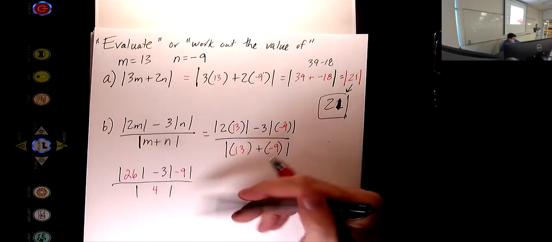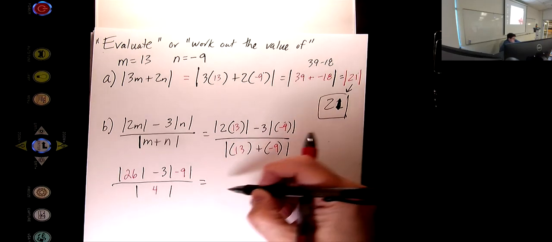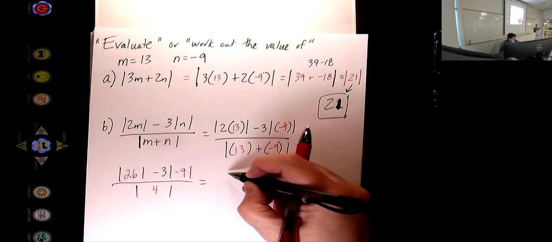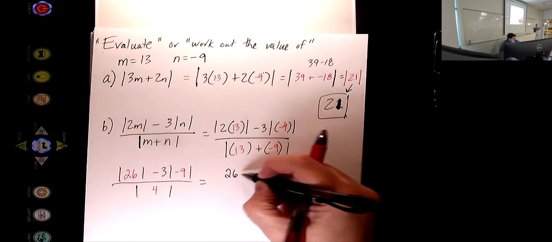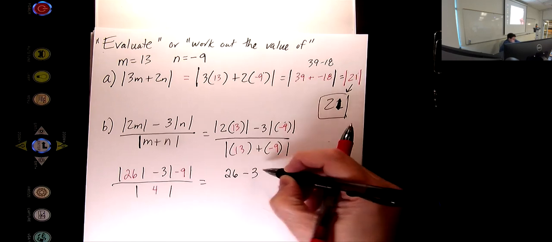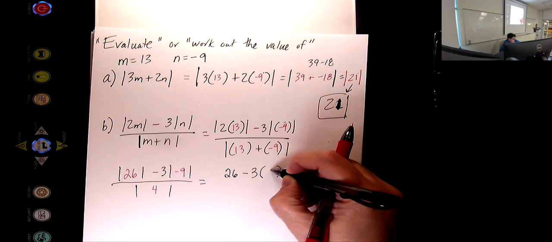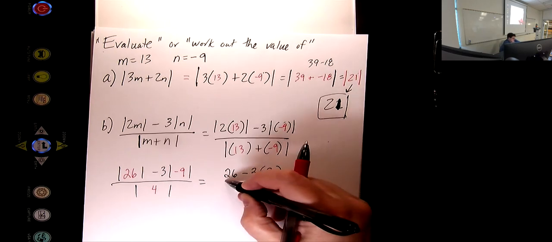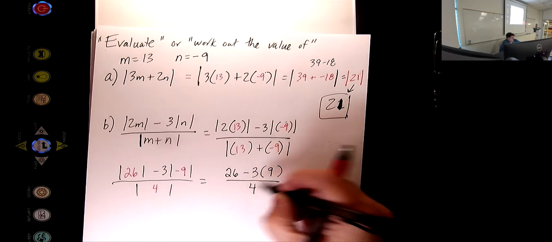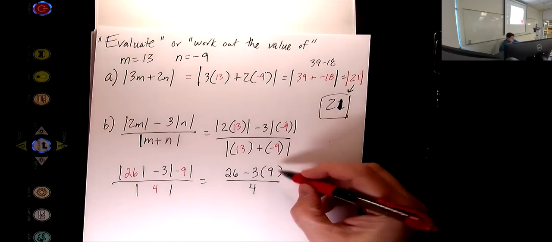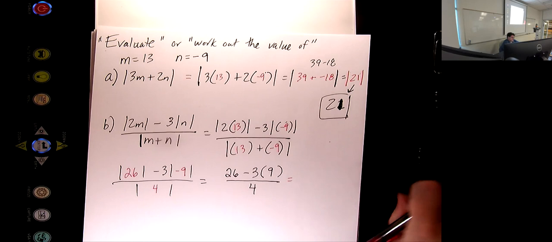And then I continue. I will dump the absolute value signs, making anything that's negative positive. I have 26 minus 3, and the absolute value lines basically turn into parentheses when I make the inside positive. And the bottom's 4. So I have 3 times 9, that's 27.